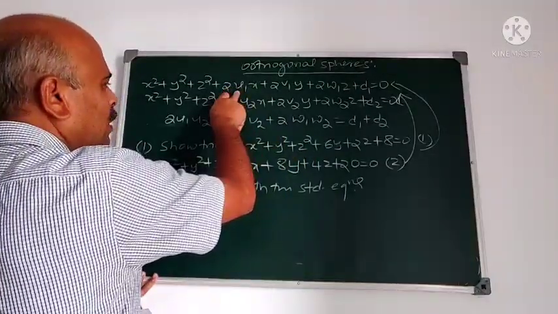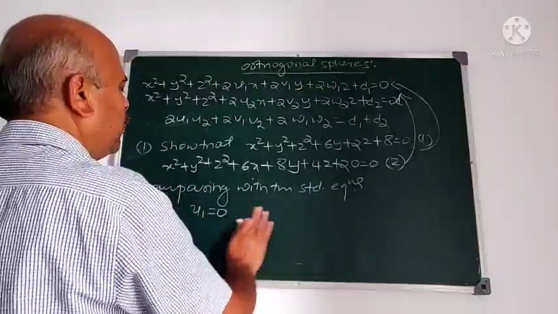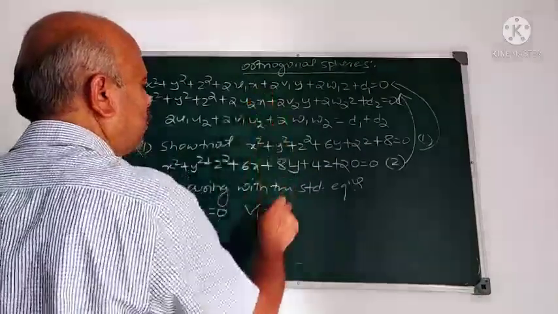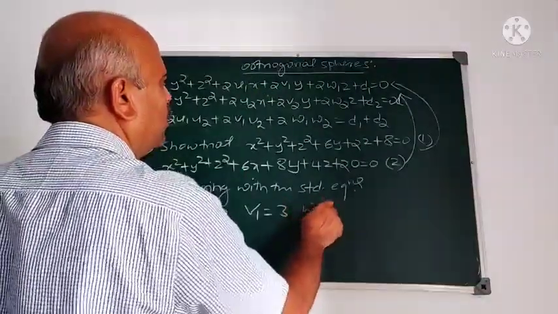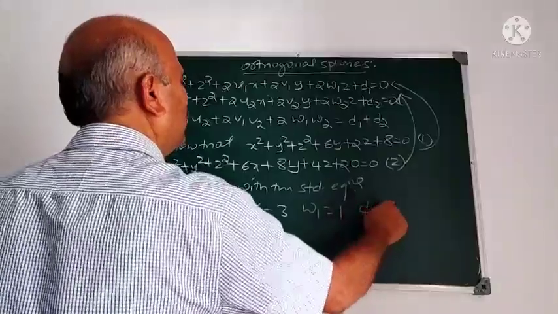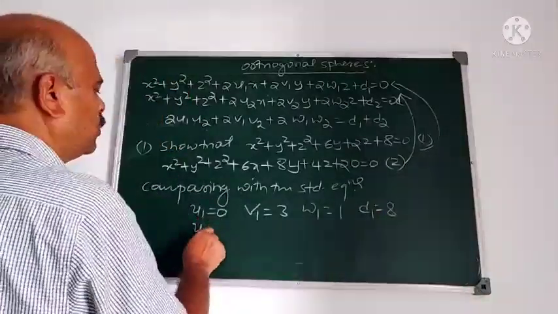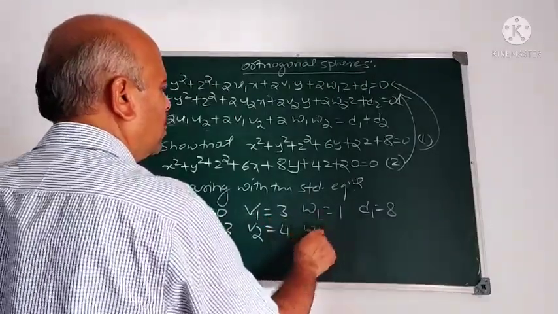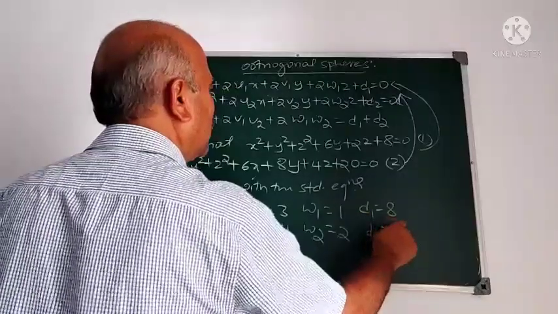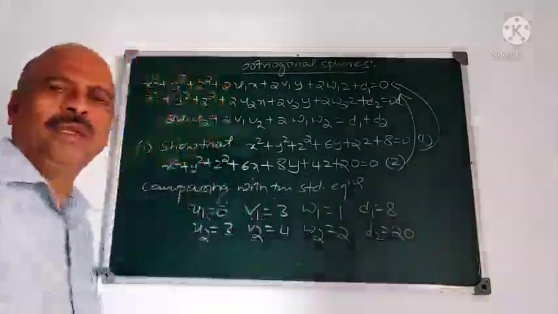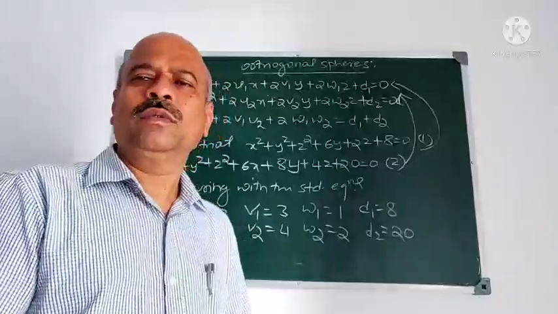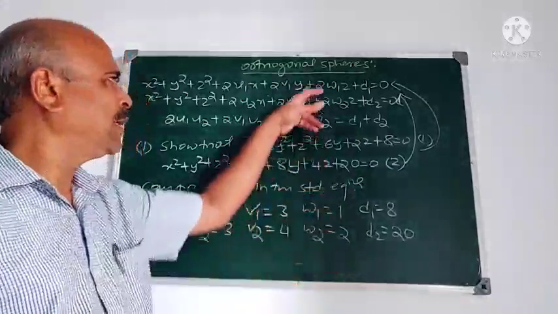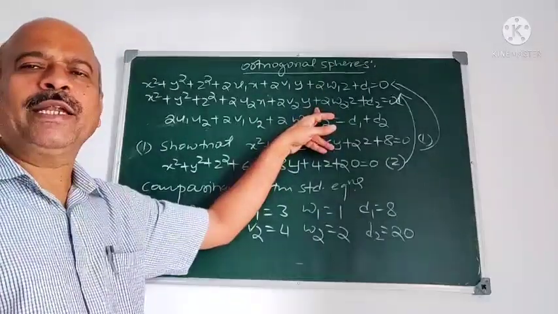The coefficient of x is 2u1, that is 0. 2v1 is 6, so v1 is 3, w1 is 1, d1 is 8. u2 is 3, v2 is 4, w2 is 2, d2 is 20. I think this step is clear for all of you. How to write u1, v1, w1, u2, v2, w2, d1, d2: you have to compare the equations with the standard equations.